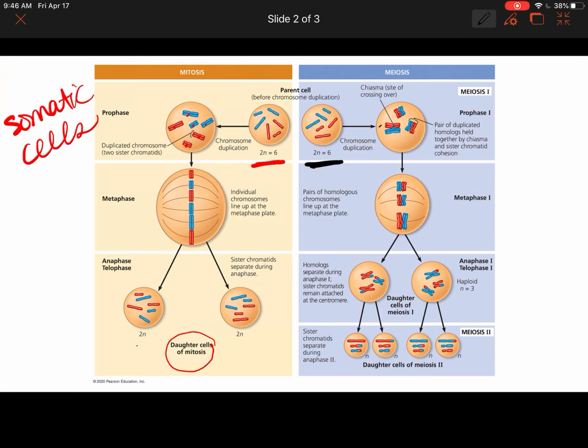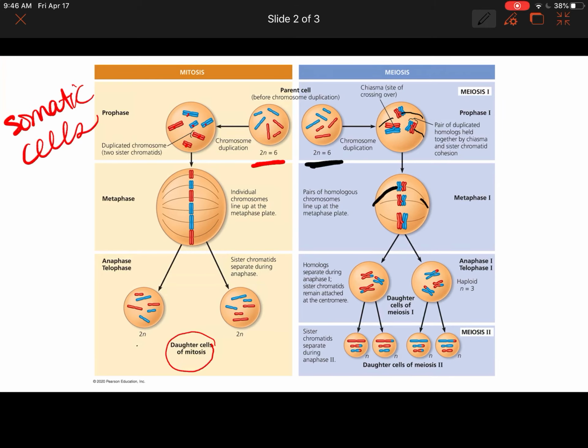Right? Another important thing that happens during prophase 1 is the meiotic spindle starts forming. And remember that for meiosis, the meiotic spindle fibers are attaching to each chromosome in the homologous pair, not to each sister chromatid like they did in metaphase of mitosis.